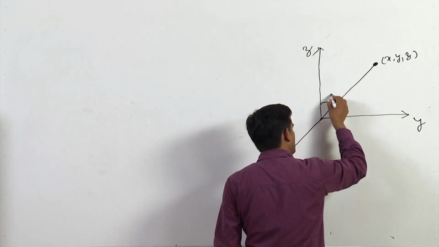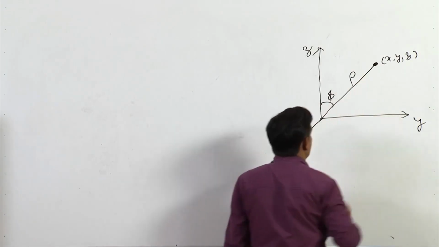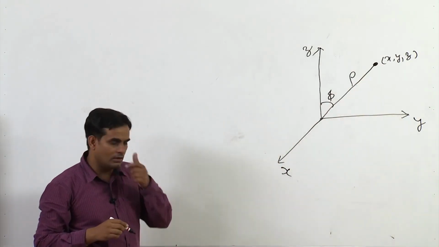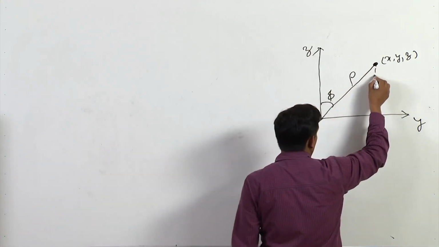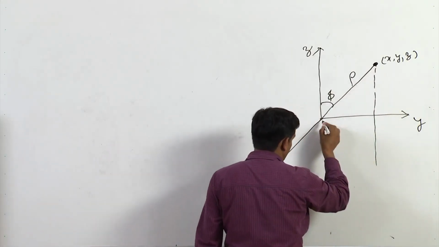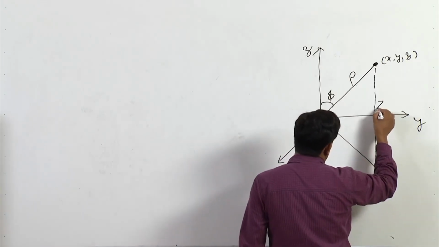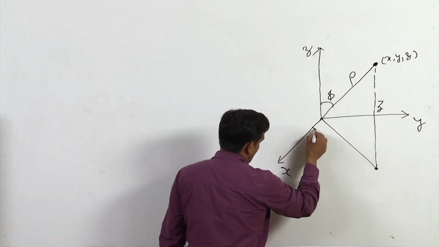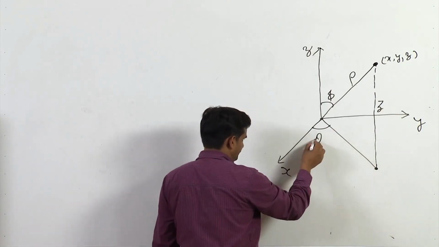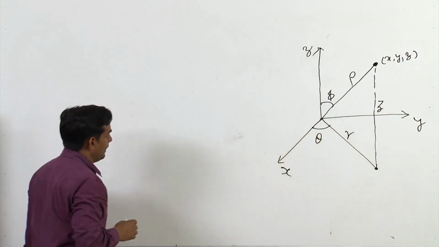Let me take this angle as phi, this distance as rho. This distance will be z, this angle let us take as theta. Let us take this as r.